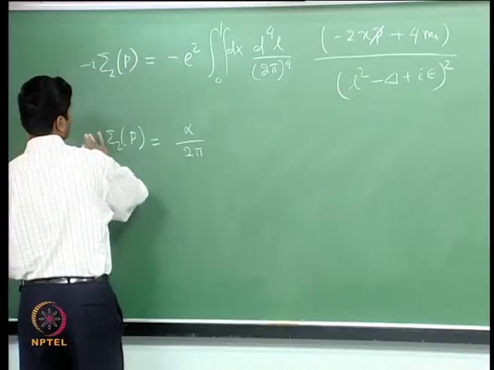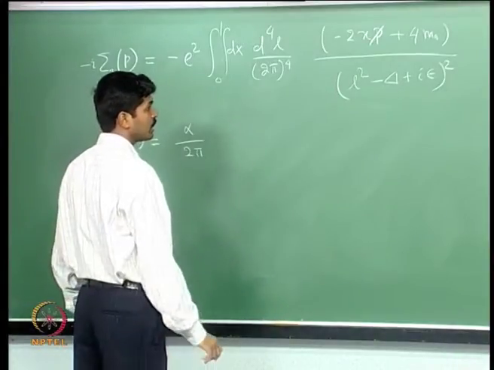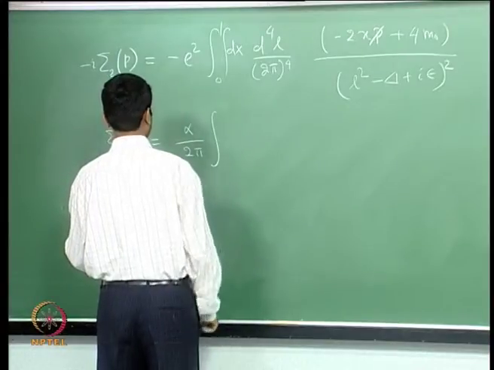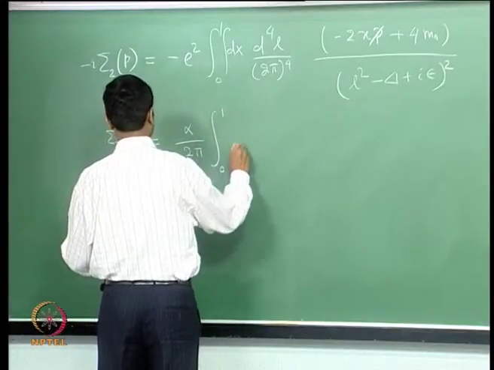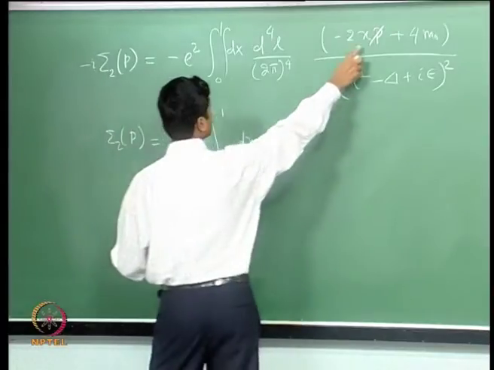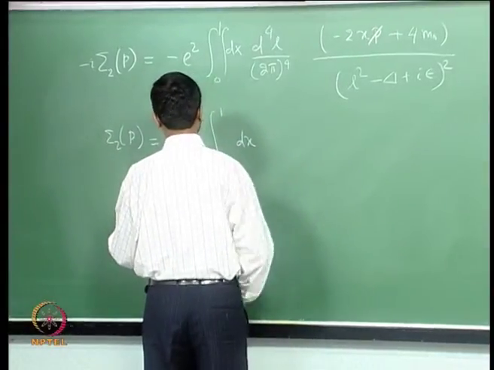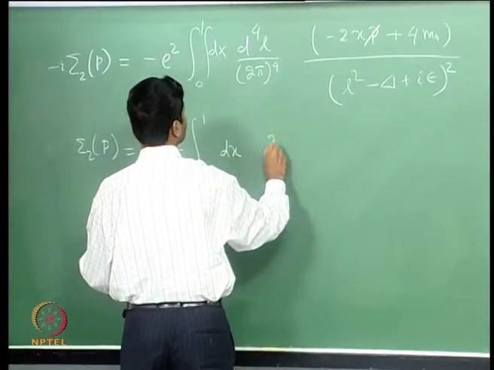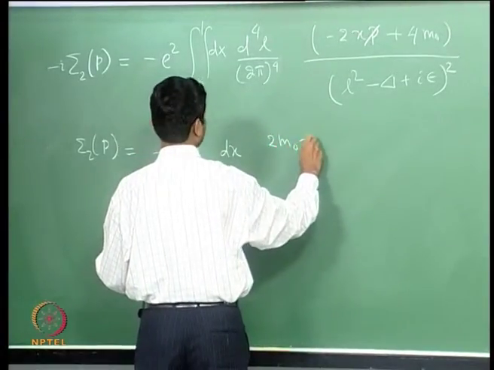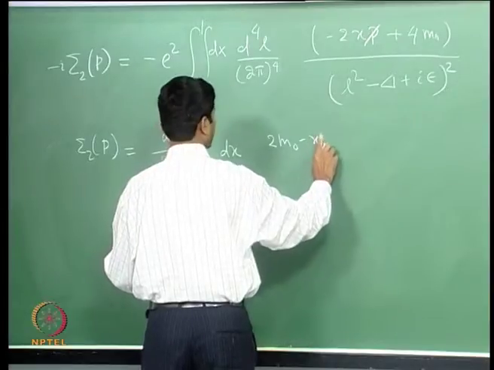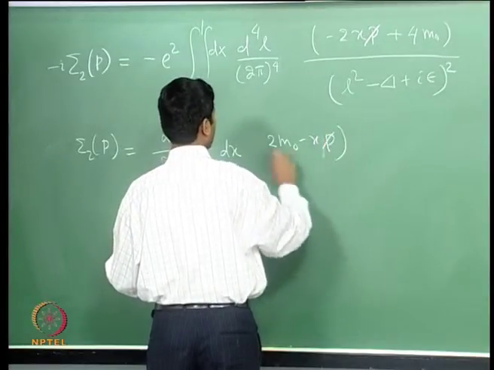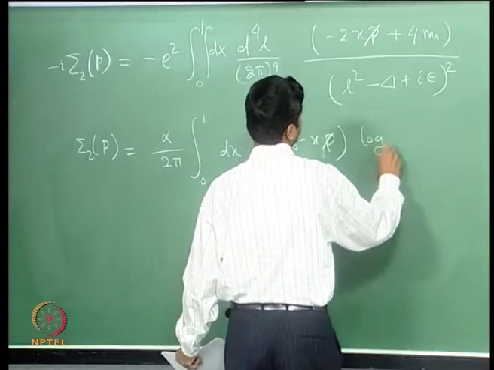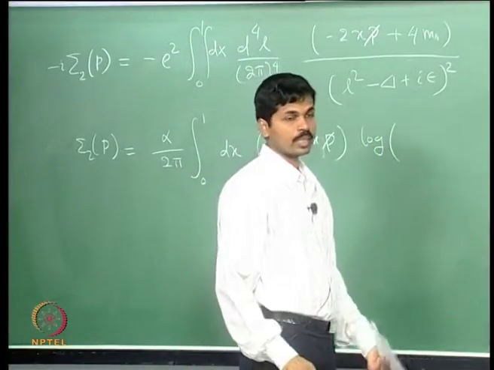Finally, this I will observe here. This is simply given by the integral from 0 to 1 dx, and in the numerator, if I just cancel this 2 here, I have 2 m 0 minus x p, x times p, and finally log delta lambda divided by delta.